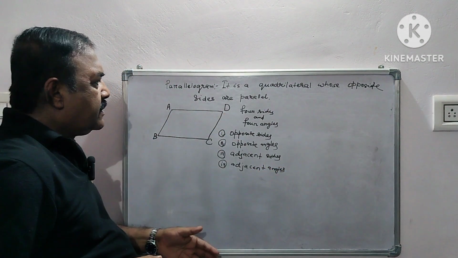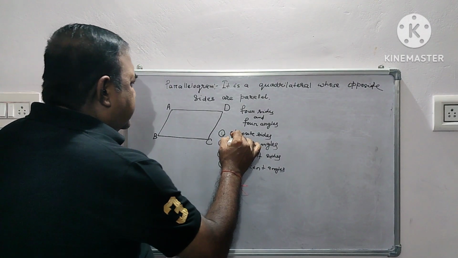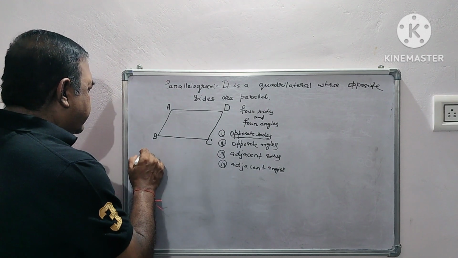These terms we use. You see, opposite sides. There are 2 pairs of opposite sides. You see here.